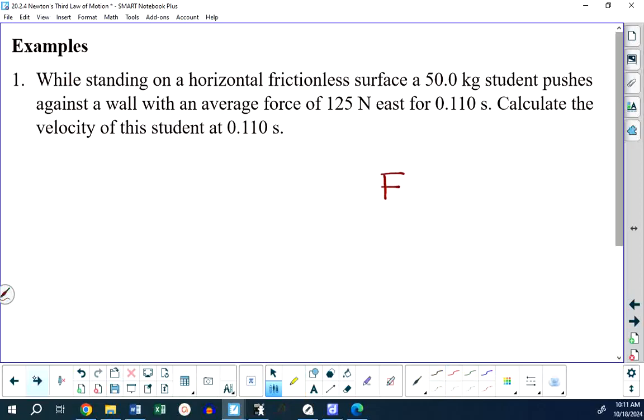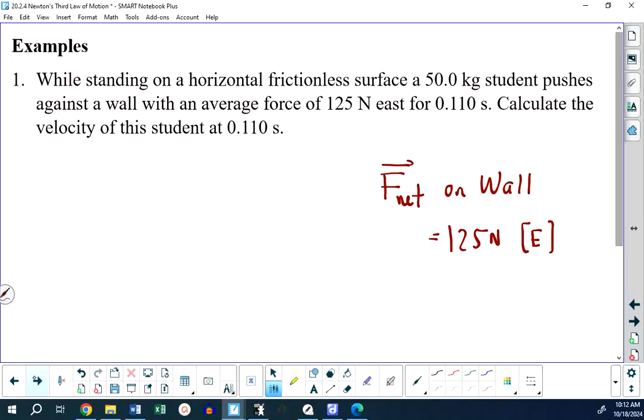So the net force on the wall is 125 newtons east. I am very aware that many of you could just take the numbers out of the question and work with formulas and get the answer, but it's going to get more complicated later, okay?